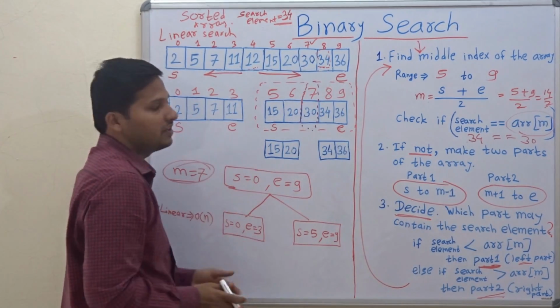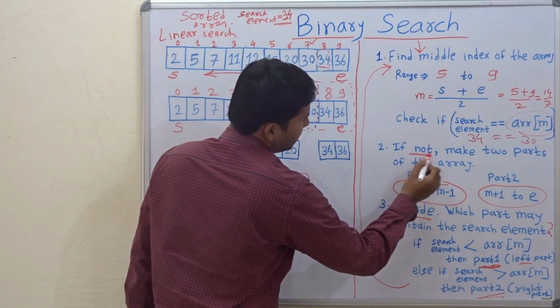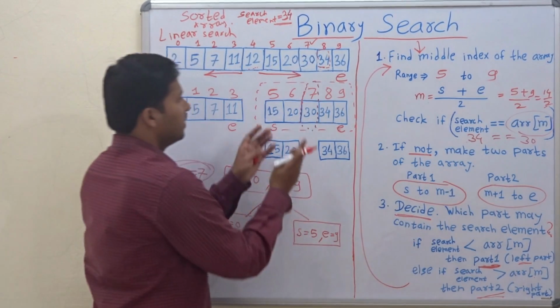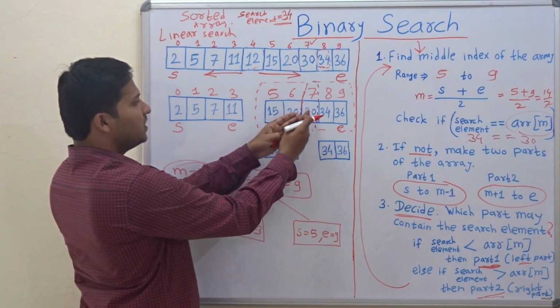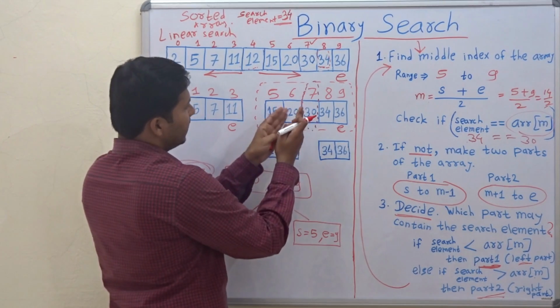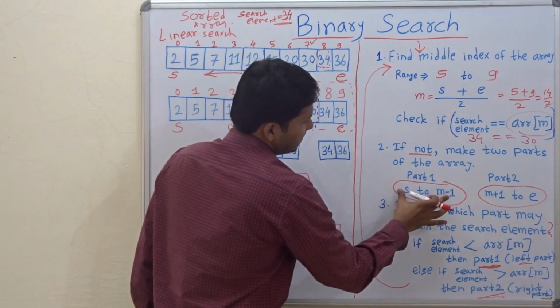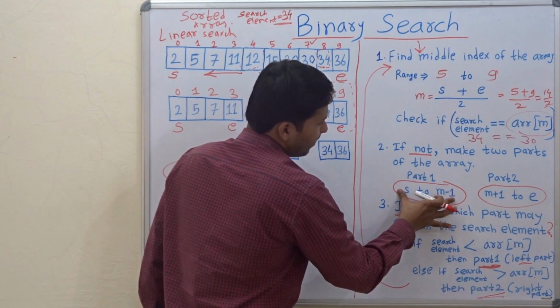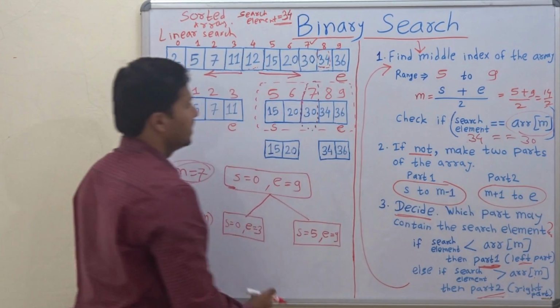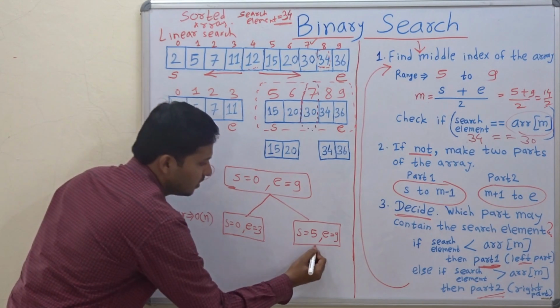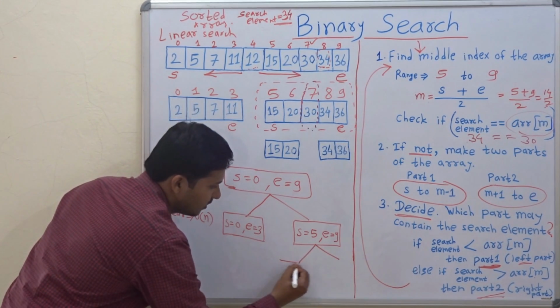No, they are not equal. So if they are not equal, make two parts of the array. So we have to make two parts of this part of the whole array: part 1 is s to m minus 1, and part 2 is m plus 1 to e.